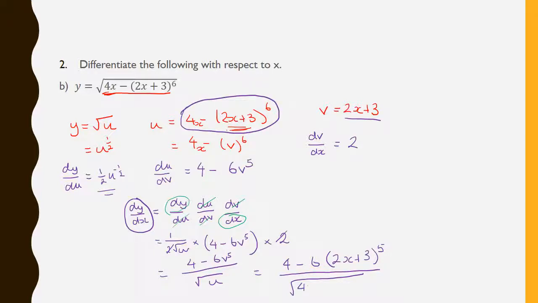We have 4x minus 2 lots of 2x plus 3 to the power of 6, and this is the same as the function we got by using the shortcut. Whichever you find easier is what you should be doing.